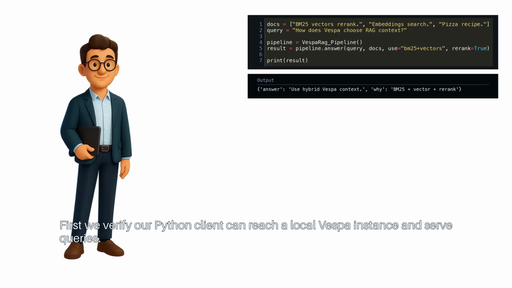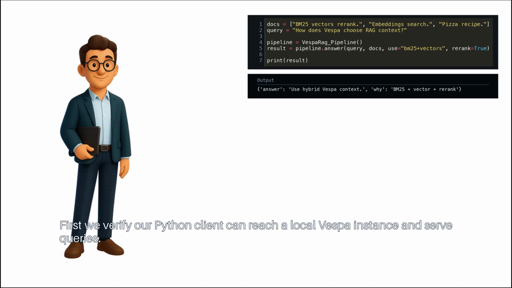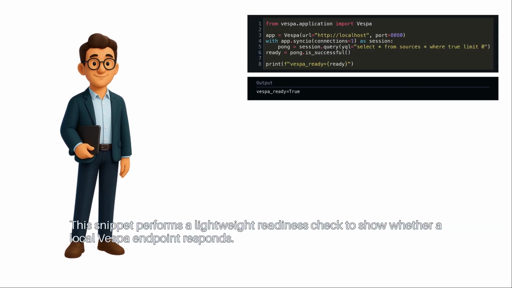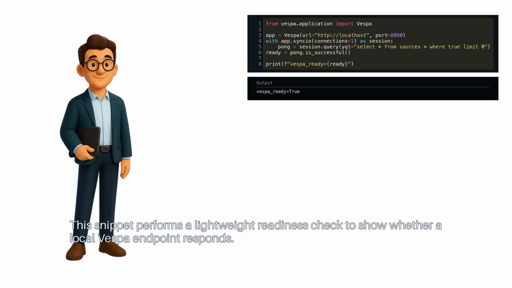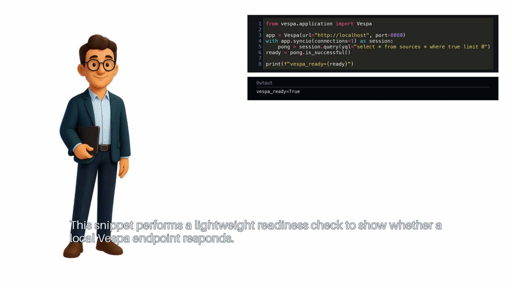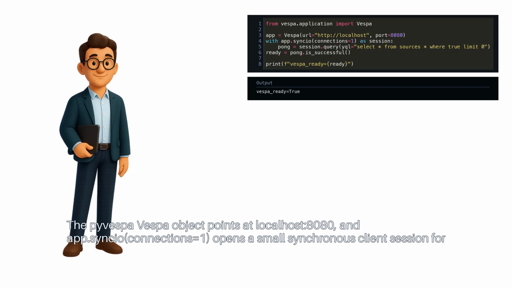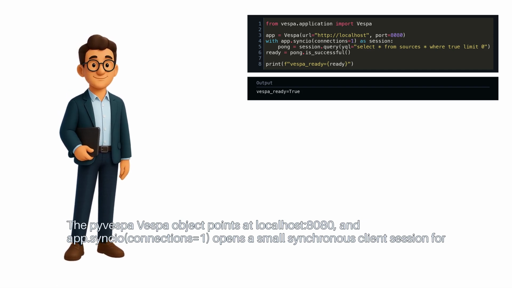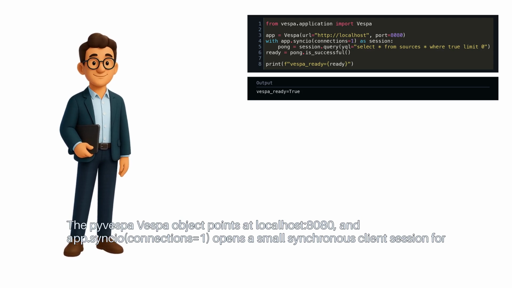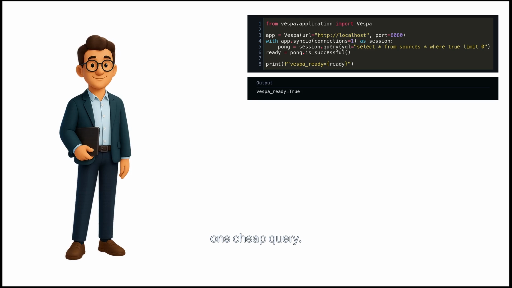First, we verify our Python client can reach a local Vespa instance and serve queries. This snippet performs a lightweight readiness check to show whether a local Vespa endpoint responds. The pyvespa object points at localhost 8080, and app.syncio connections equals 1 opens a small synchronous client session for one cheap query.